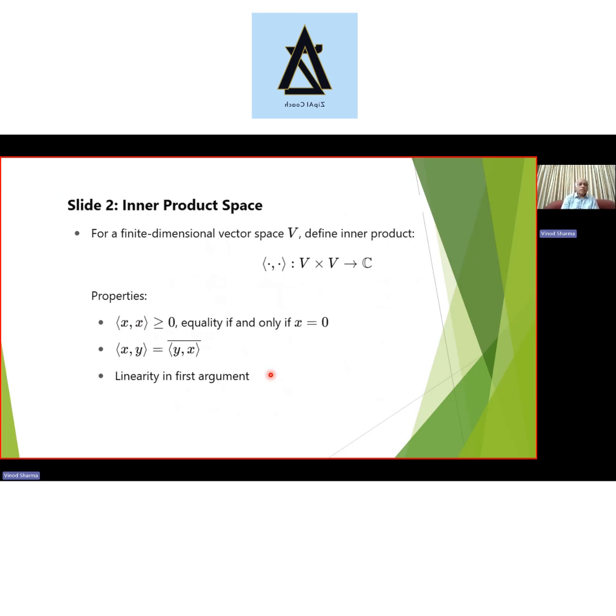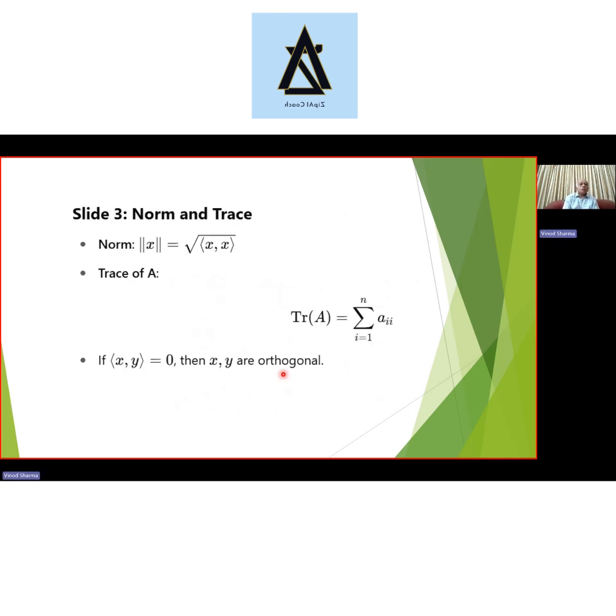But in quantum mechanics, this is reversed: the inner product is linear in the second argument and antilinear in the first argument, which is what we will be taking going forward. The norm of any point x in V, denoted by the norm symbol, will be given by the square root of the inner product of x with itself. The norm can be given in other ways also, but this is how we are going to take it.